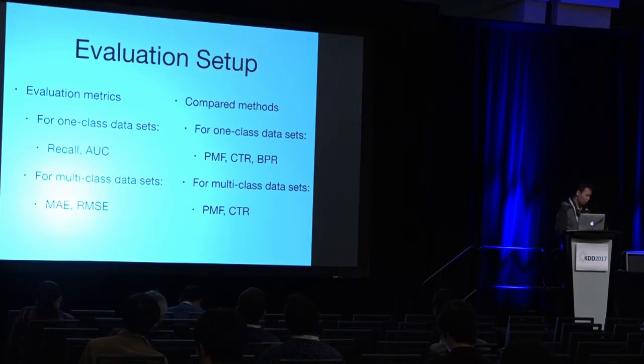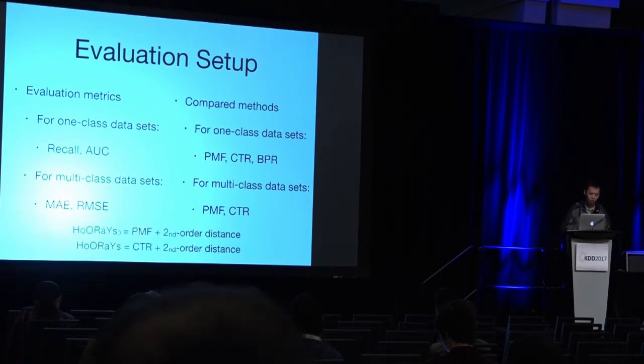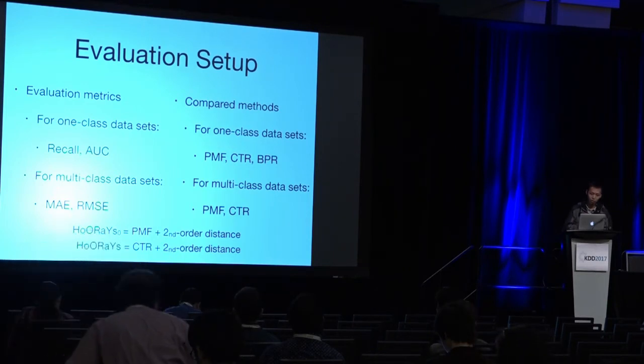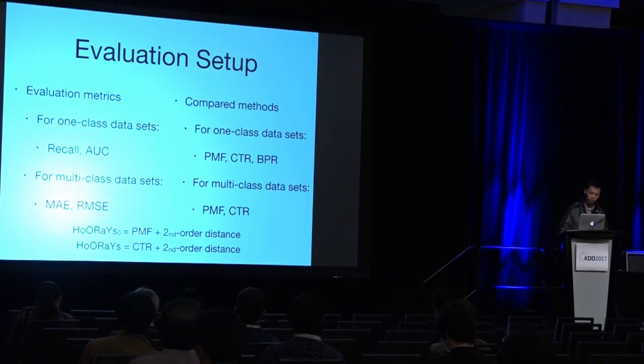And one more thing is that the proposed method is very similar to the learning to rank method. So we also compare with the learning to rank method BPR in the one-class case. And to remind you, we define HoORays 0 as the combination of PMF and the second order distance, and HoORays as the combination of CTR and the second order distance.